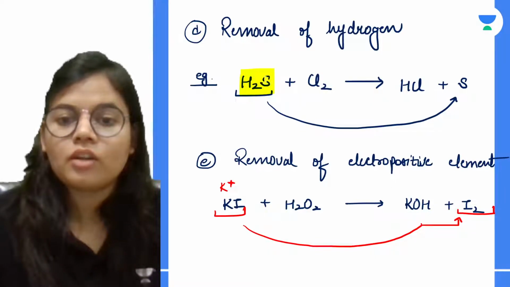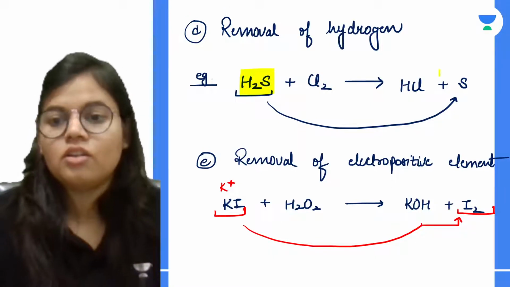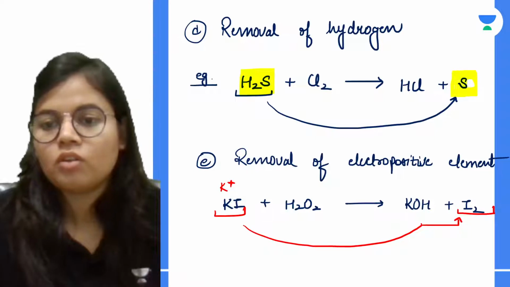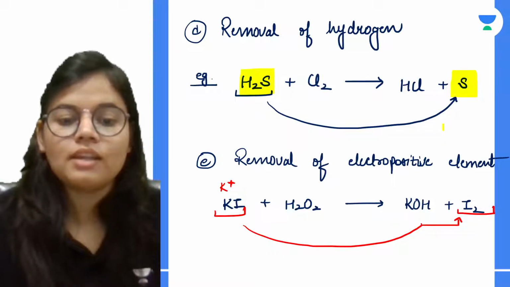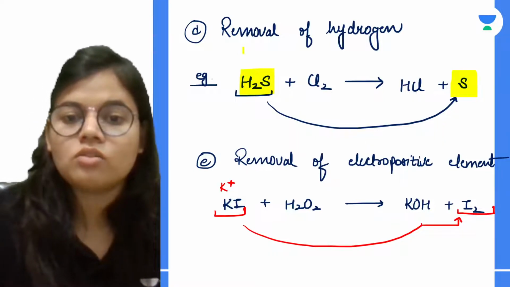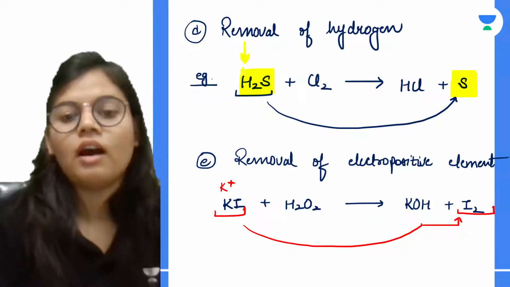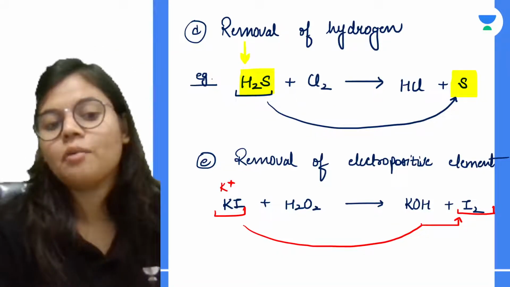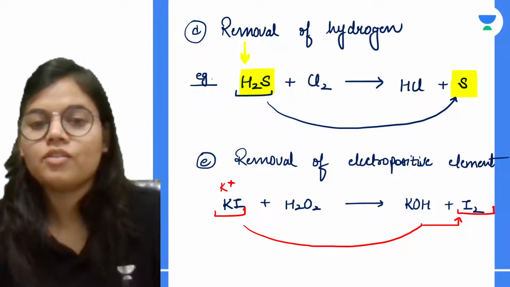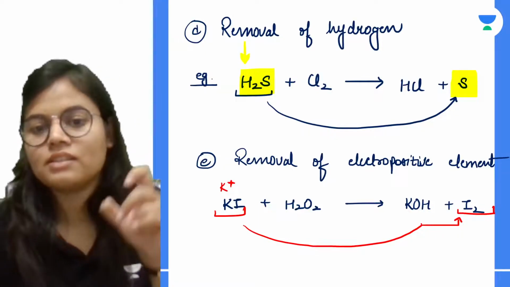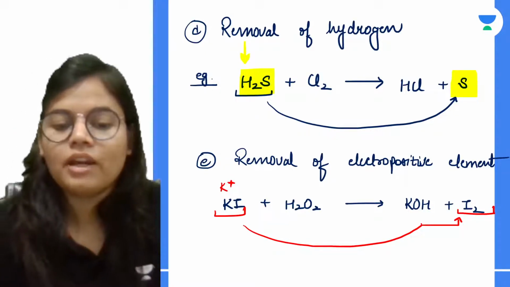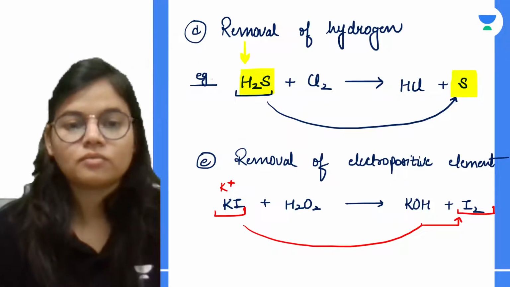So if I talk about hydrogen sulfide to sulfur, we can say that there is loss of hydrogen. And because loss of hydrogen is termed as oxidation, we can say that this compound has been oxidized.